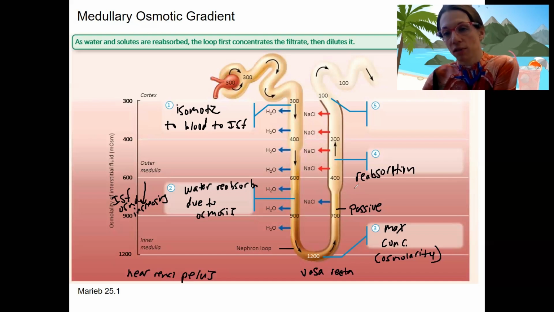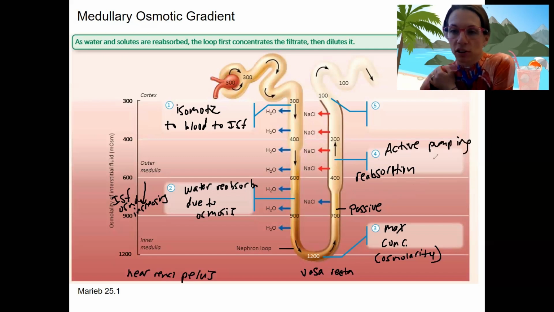There is a drive for those solutes out. There's also a drive for water in, but that's not going to happen. We don't have aquaporins there. We don't want there to be because we want to reabsorb stuff. That's what the nephron loop is for. Otherwise, we'll get dehydrated. So reabsorption is passive and then actually occurs via active pumping.